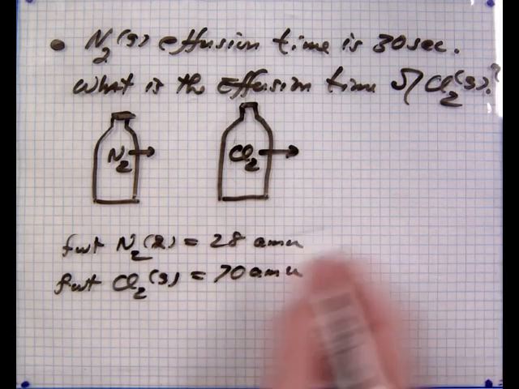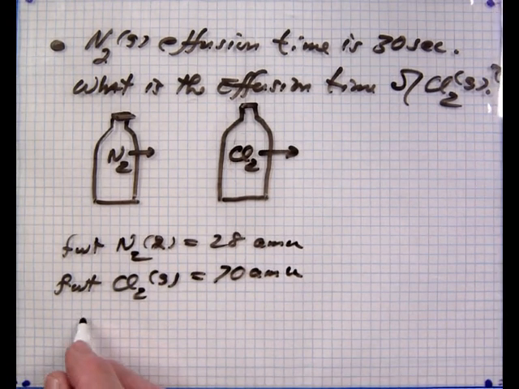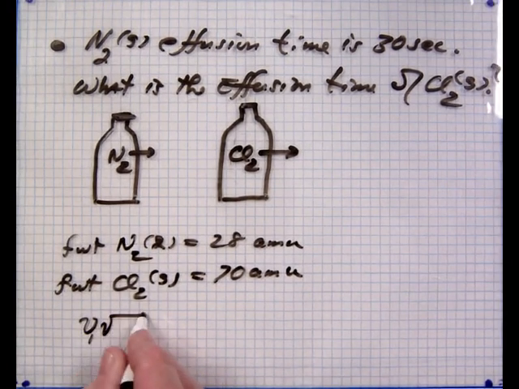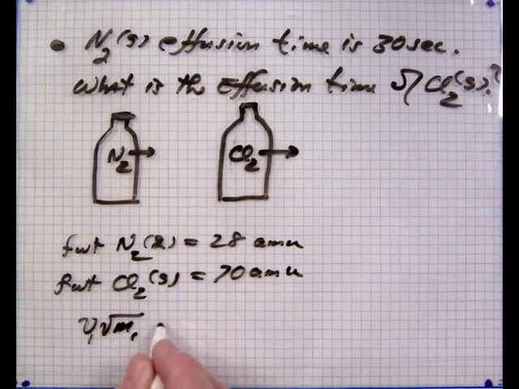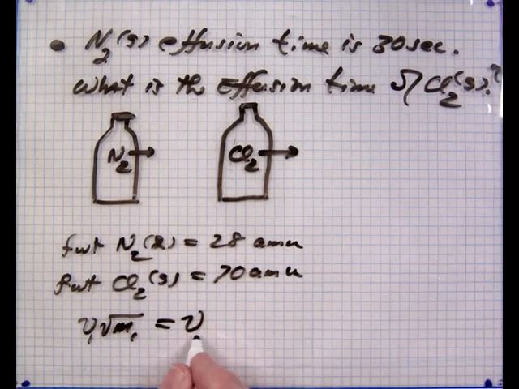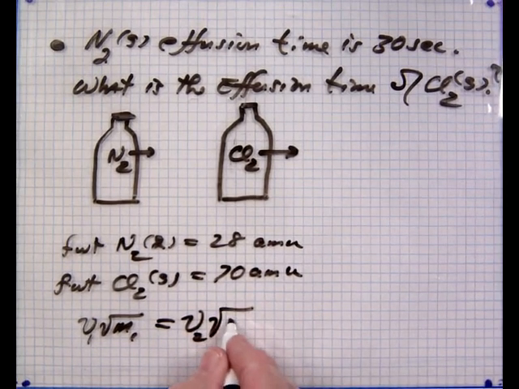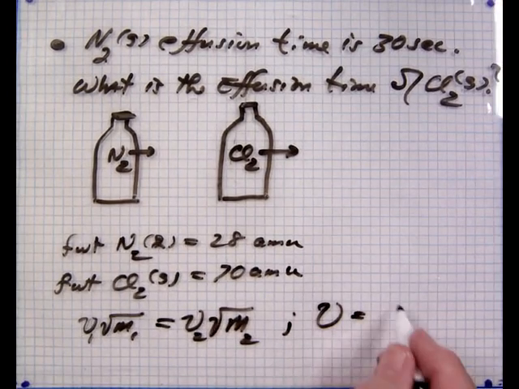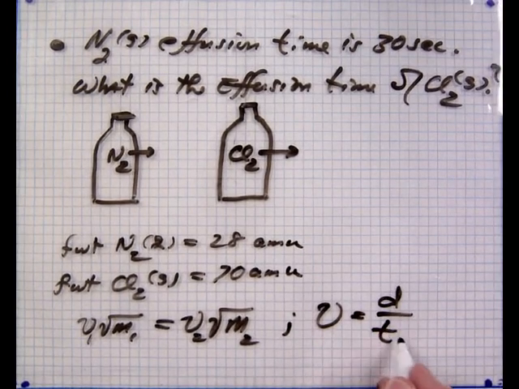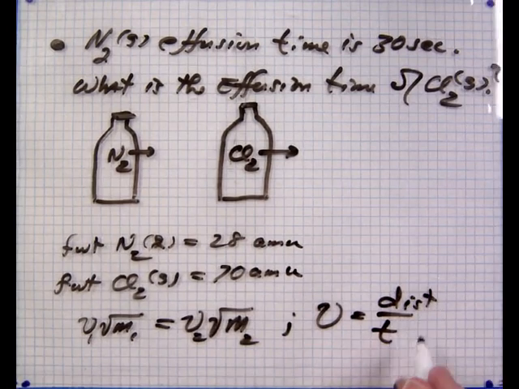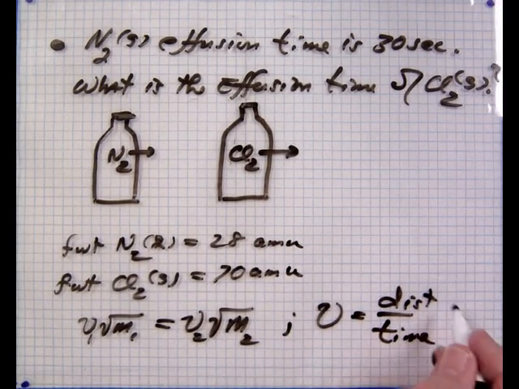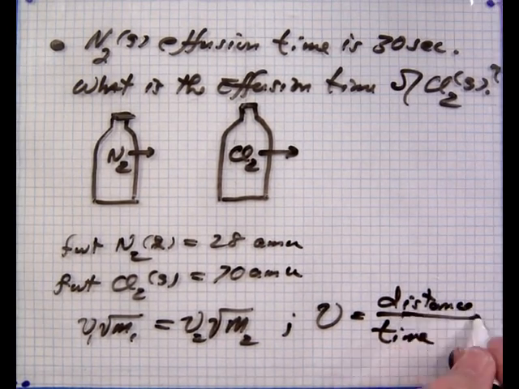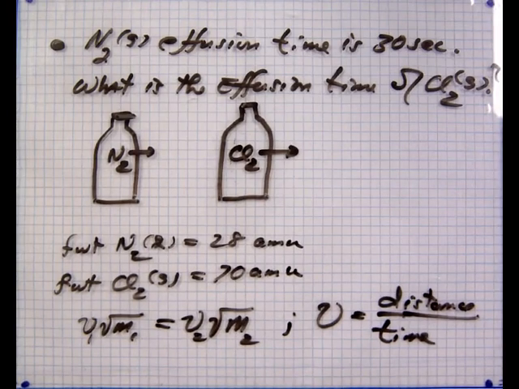Now, from Graham's law, we have velocity 1 times the square root of mole weight 1 equals velocity 2 times the square root of mole weight 2. And velocity is distance over time. I'll write it all the way out.